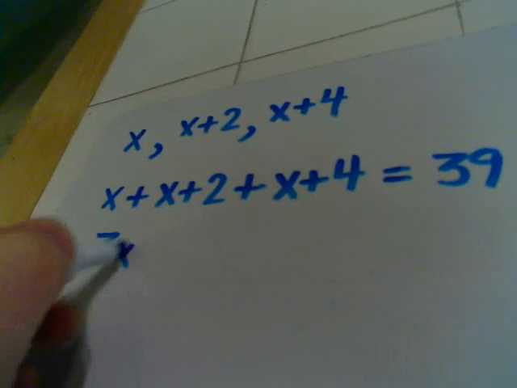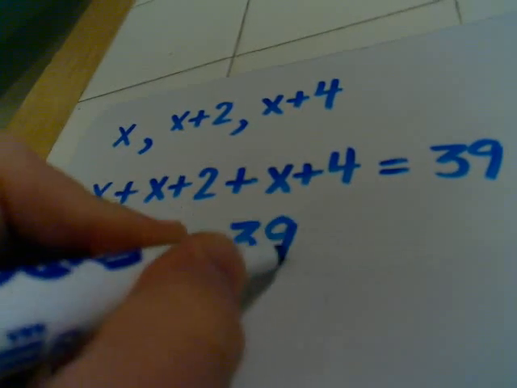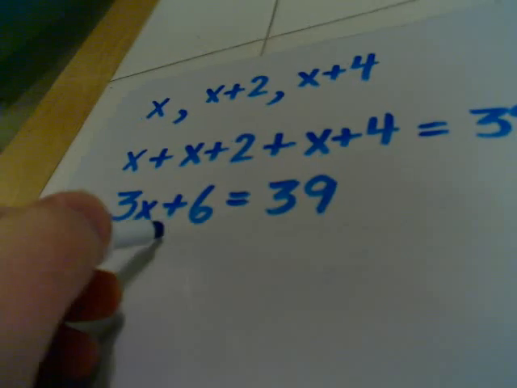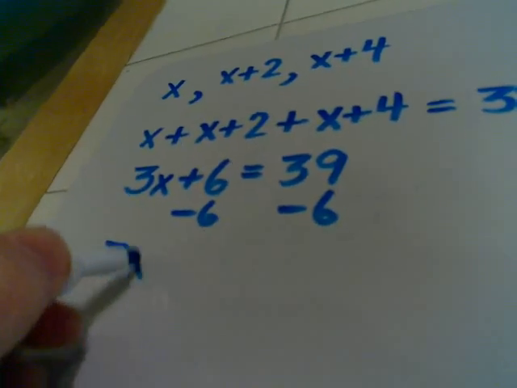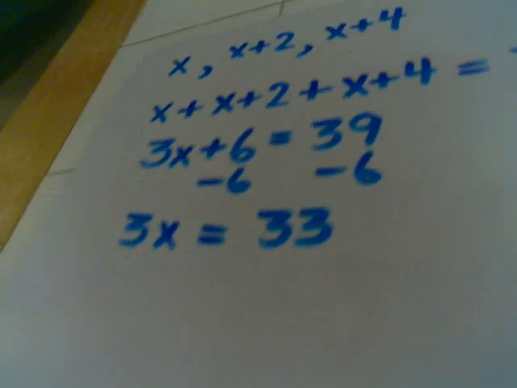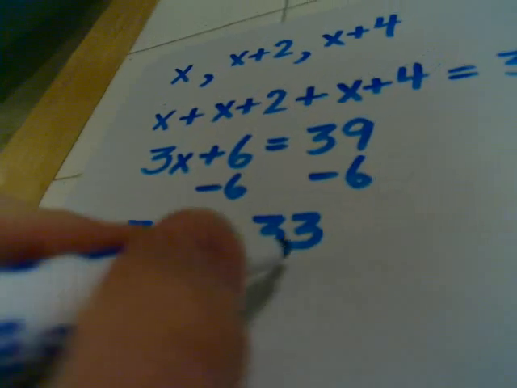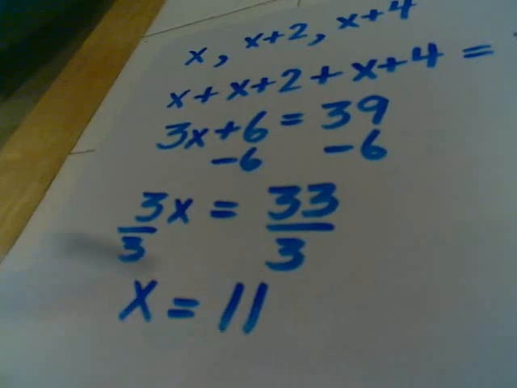That gives me 3x plus 6 is equal to 39. I subtract 6 from both sides of the equation, giving me 3x is equal to 33. And our final step is to divide by 3, both sides of the equation. X is equal to 11.